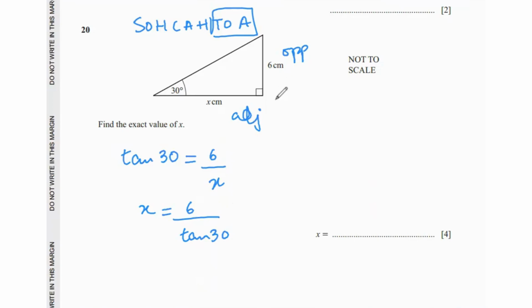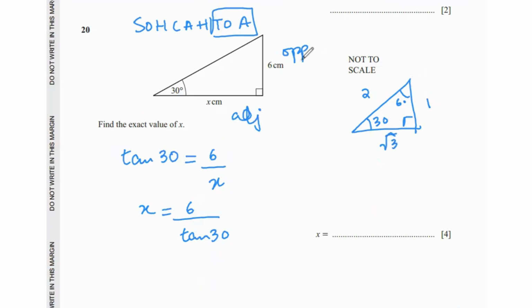Now, next step is to figure out the value of tan 30 because, as you know, we can't use the calculator. So for this, you need to know the special triangle, especially the 30-60-90. So the angle ratio is 30-60-90. If the length of 30 is 1, that of 90 would be 2. And for 60, it would be root 3.